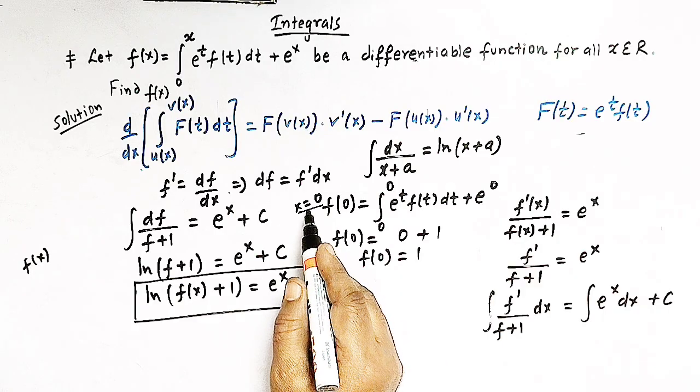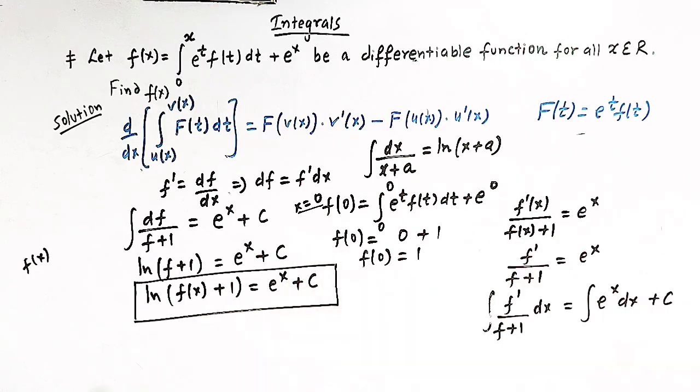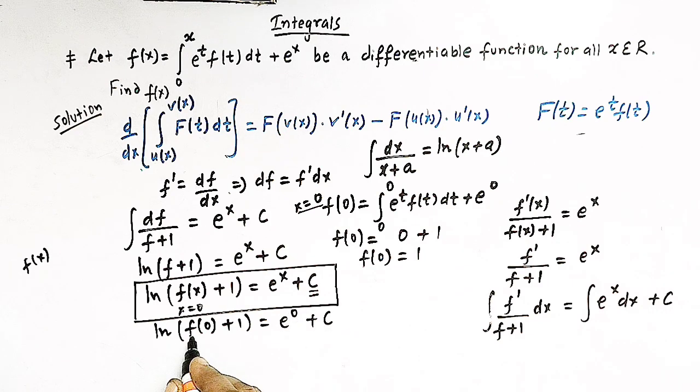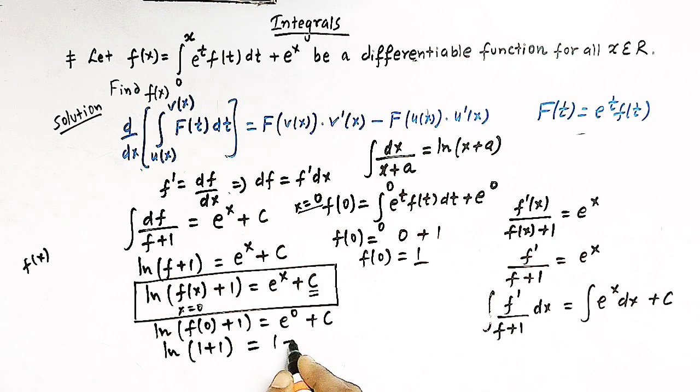So let us make use of this condition or information to find out the value of this c. So here taking x equal to 0, we have natural log of f of 0 plus 1, and here we have e raised to 0 plus c. Now f of 0 is 1, so we have natural log of 1 plus 1, and e raised to 0 is 1, so this is natural log of 2, and this is 1 plus c.